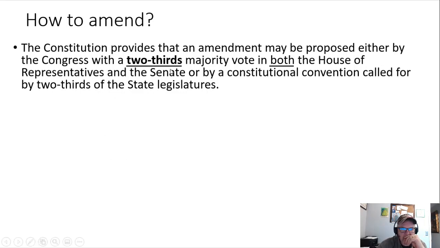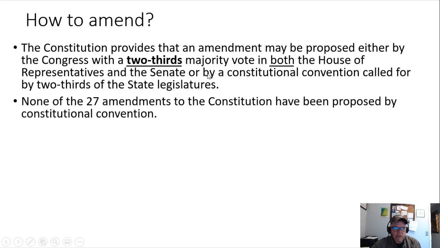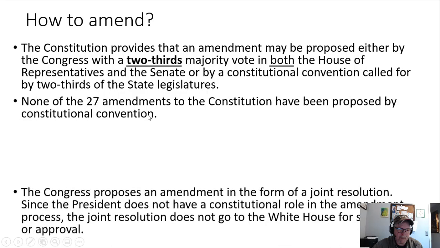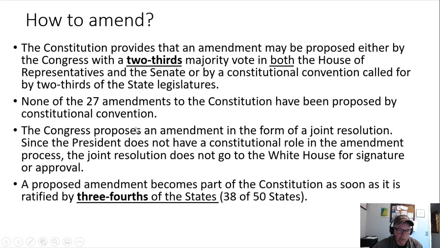2/3 majority. Okay, so in the Congress, they play a part in this, but then to get it ratified, there's 2 methods. This Constitutional Convention, which has never happened, or the more common one is this, 3/4 of the states. So right now with 50 states, 38 states would have to say, yep, that's a good idea.